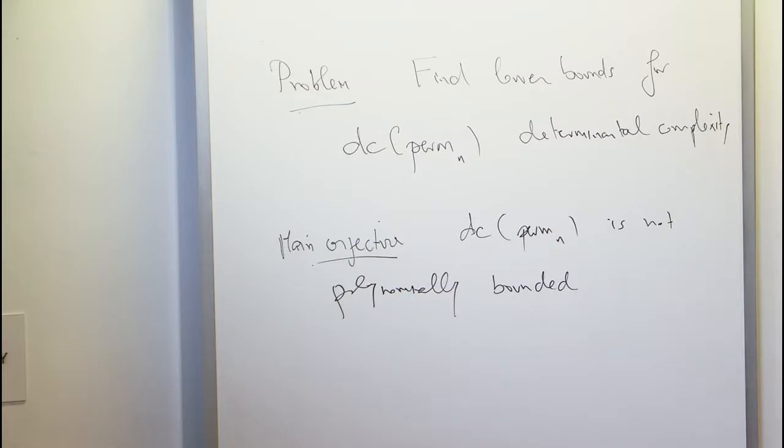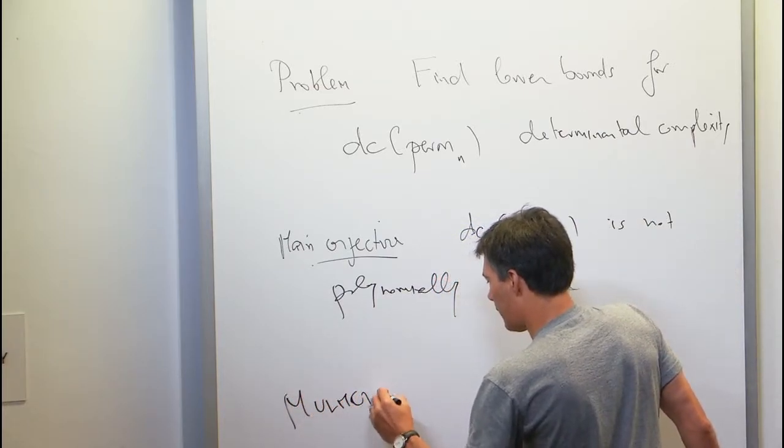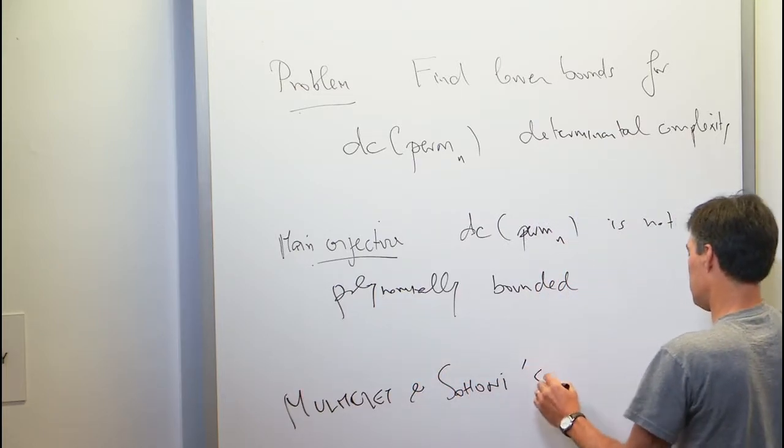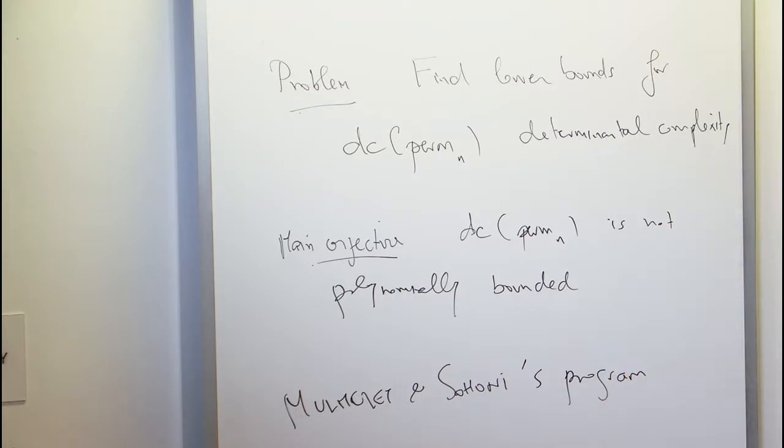So today I want to give you a rough idea of the program that has been initiated by Manivel and Laurent, which hopefully will allow us to find new bounds on these determinantal complexities.